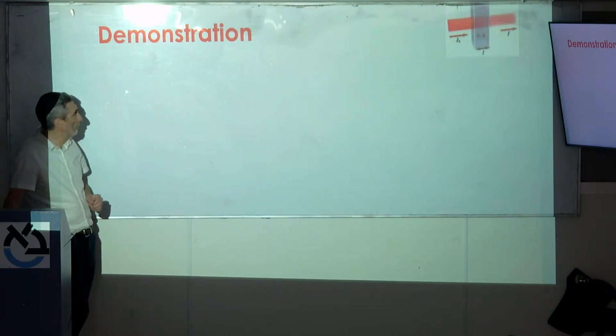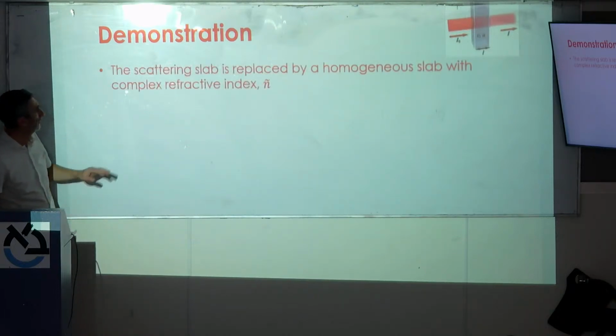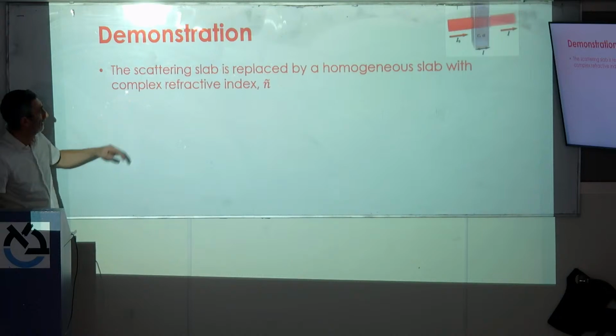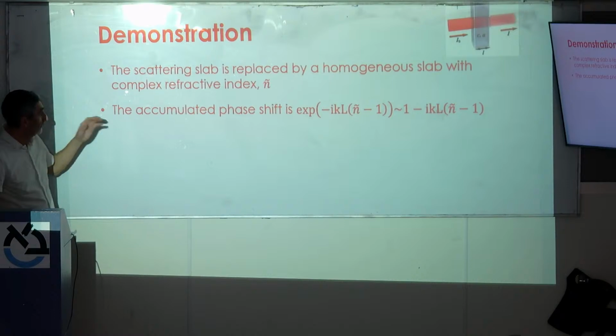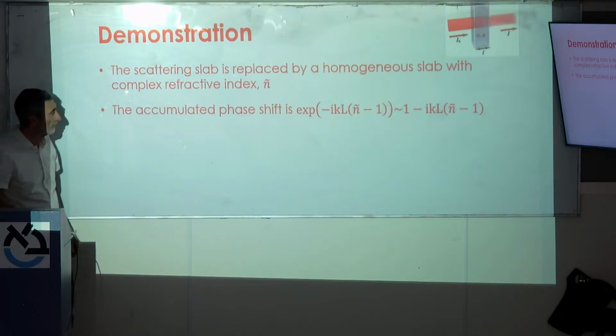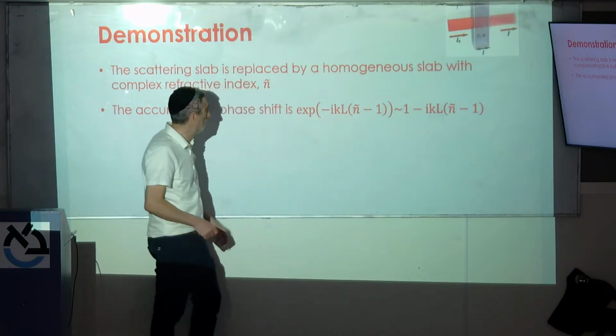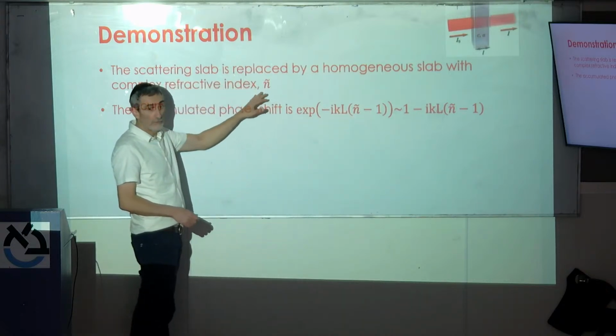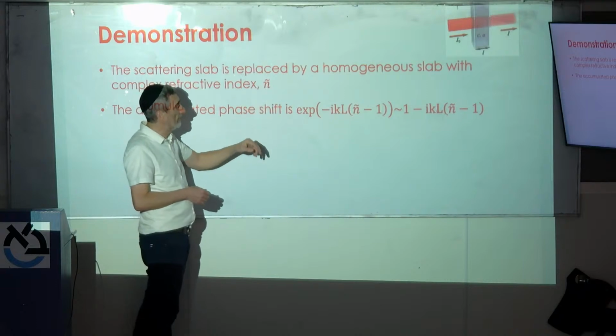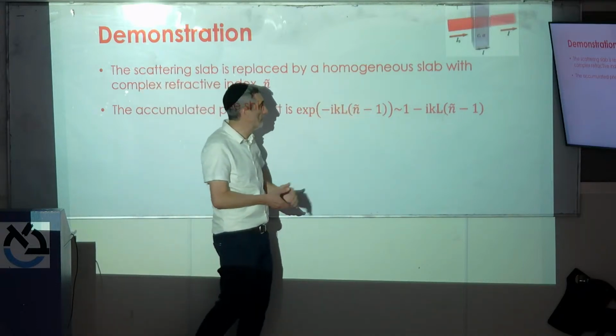So the way you do it next is to say that if you replace the scattering slab by a homogeneous slab of complex refractive index n tilde, the accumulated phase shift is exponential of minus ikl (n minus 1). So if you have a homogeneous medium with index n, that's the phase accumulated.